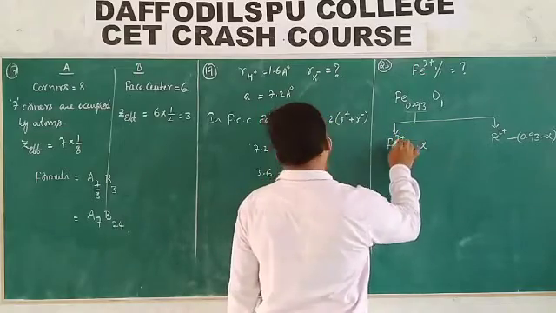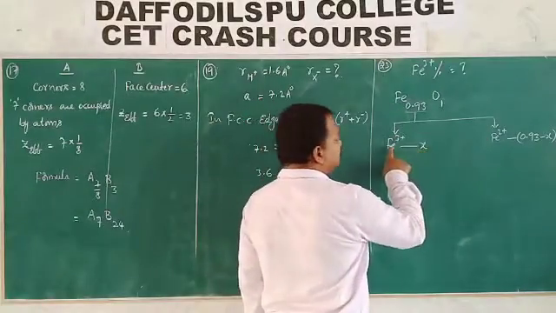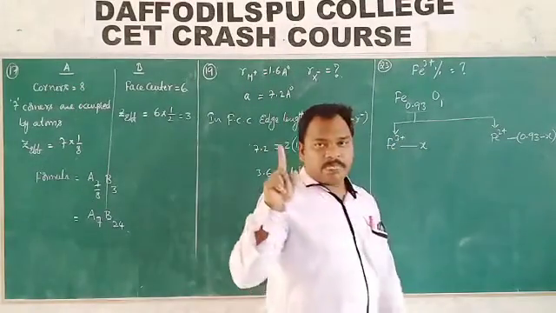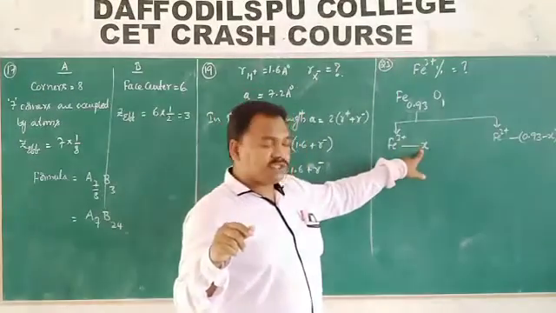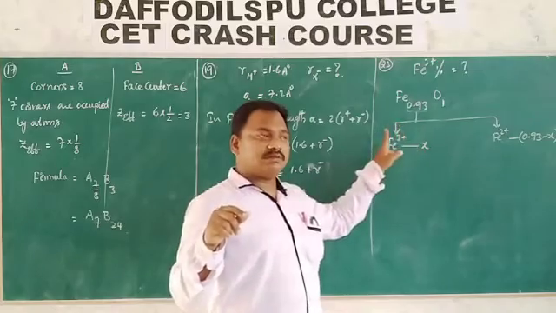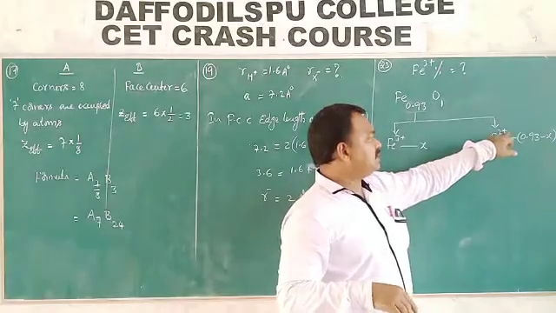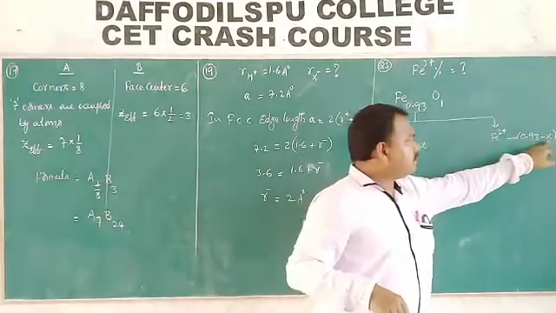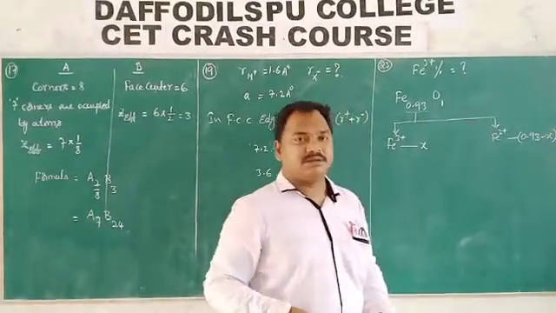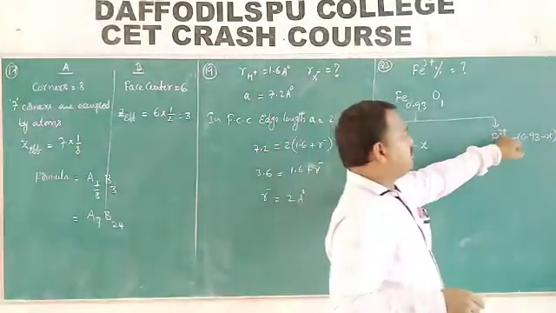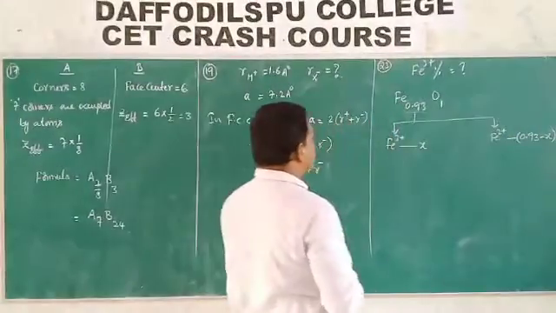How many Fe3+ are there? x. Total Fe3+ charge is 3x. Each Fe2+ ion charge is plus 2, so the total charge is 2 into (0.93 minus x).